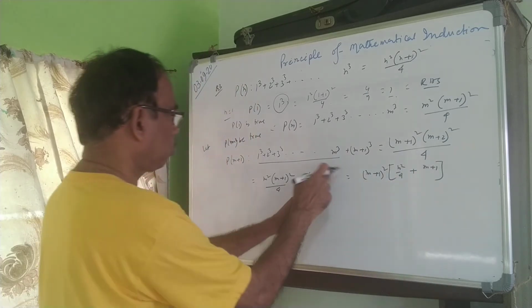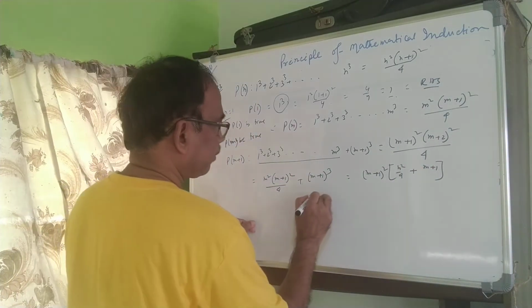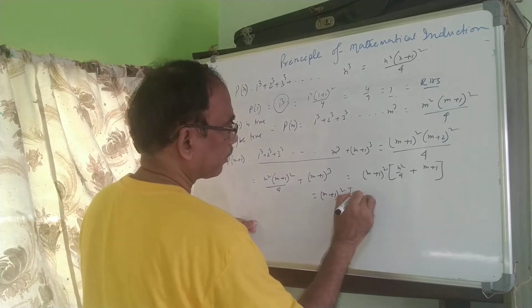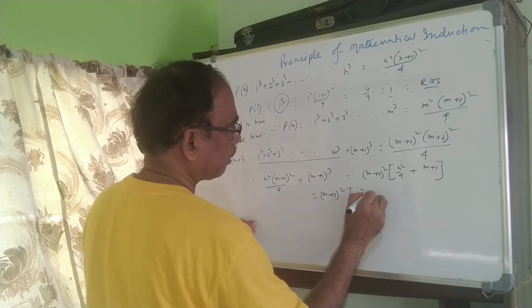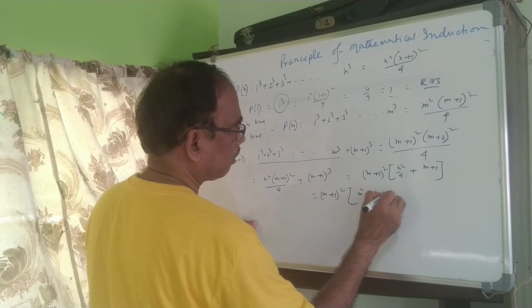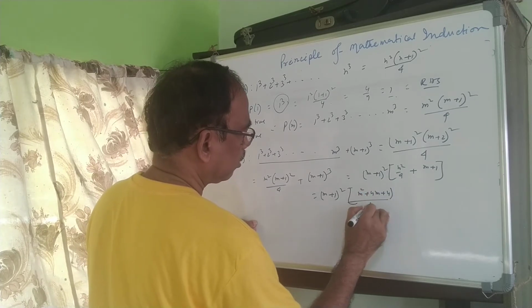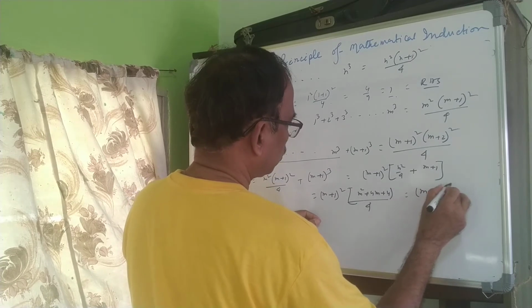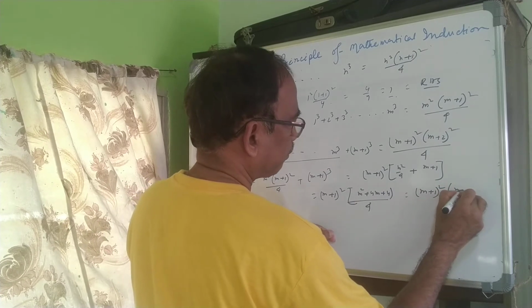Taking (m plus 1) whole square common, that equals (m plus 1) whole square times (m square plus 4m plus 4) over 4, that is (m plus 1) whole square, this is (m plus 2) whole square.